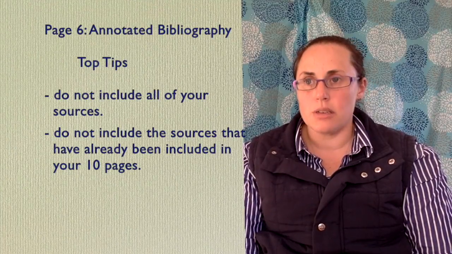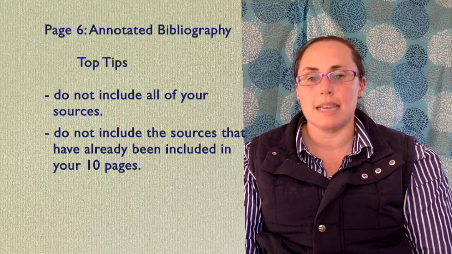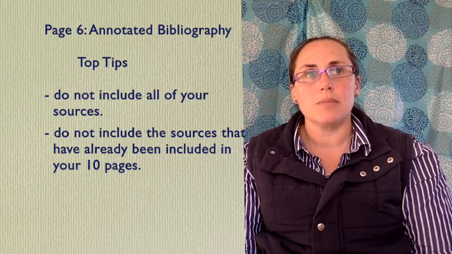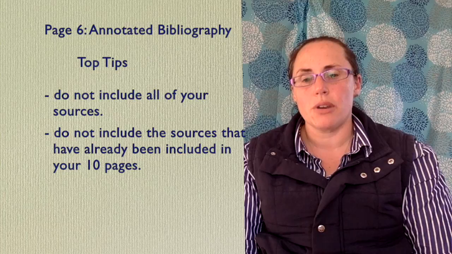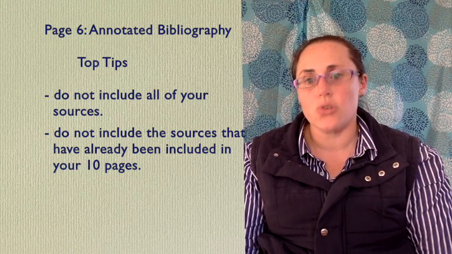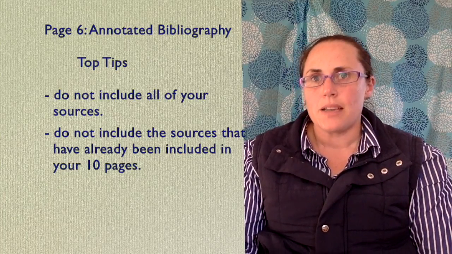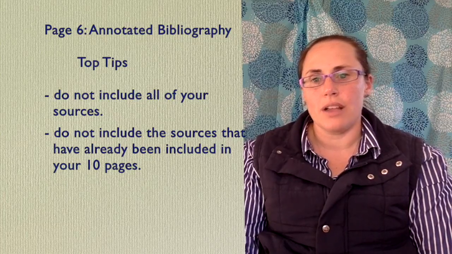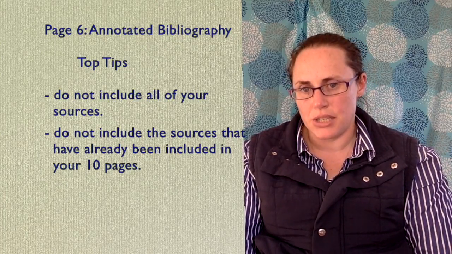The next thing that I would suggest that you include is an annotated bibliography. Now, the SACE board last year suggested that anyone who included an annotated bibliography should not include in it any of the sources that they have included as part of their other 10 pages.